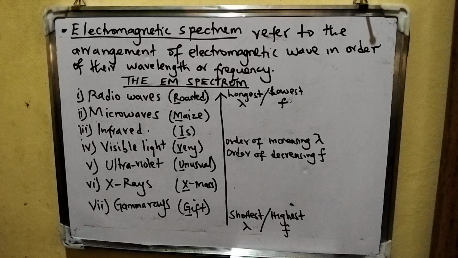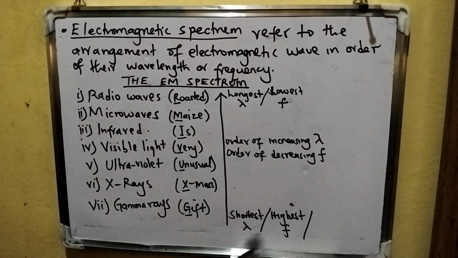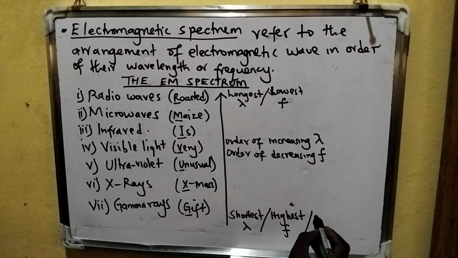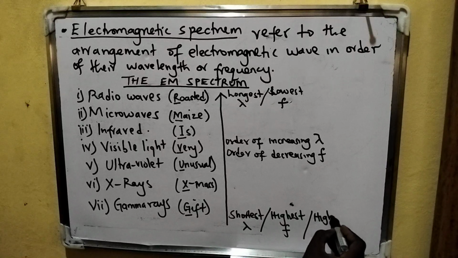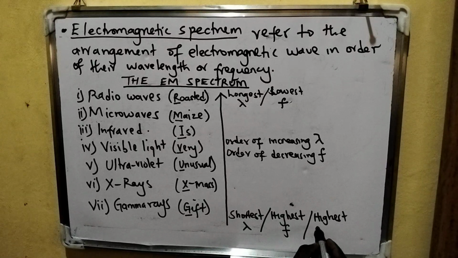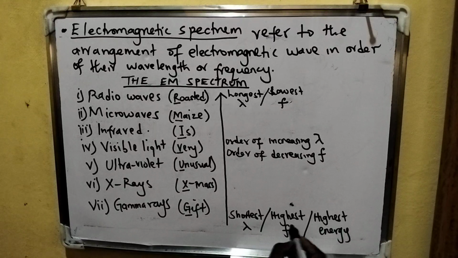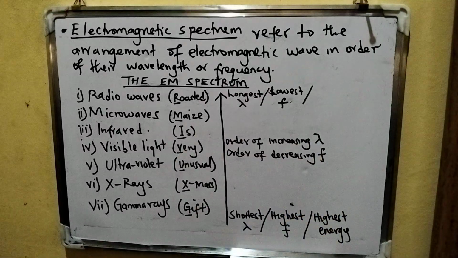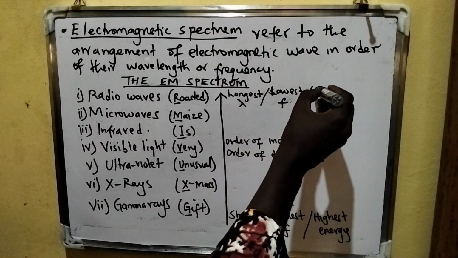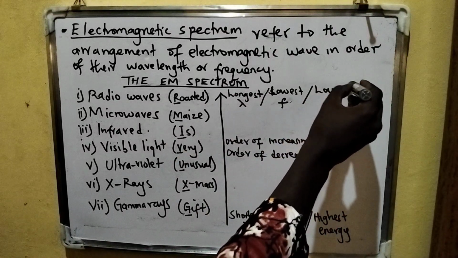We shall understand in this topic that if we have the highest frequency, that translates to the highest energy. So we say that gamma rays have the highest energy because of the high frequency. It therefore means that radio waves, which have the lowest frequency, will have the lowest energy.